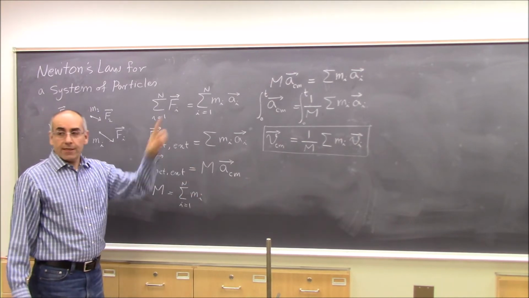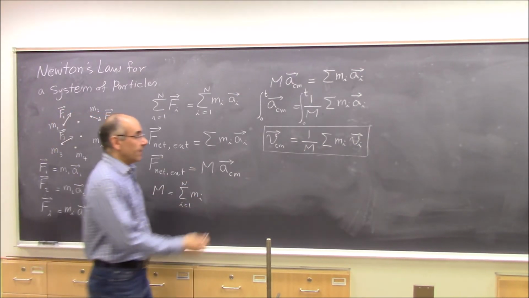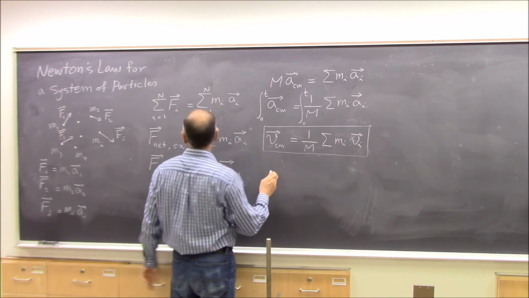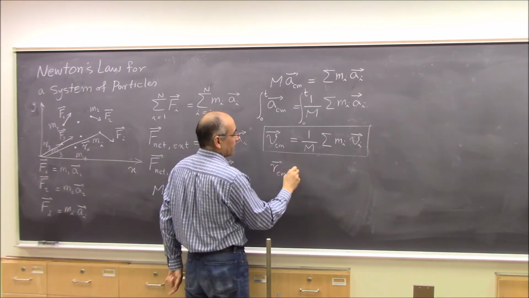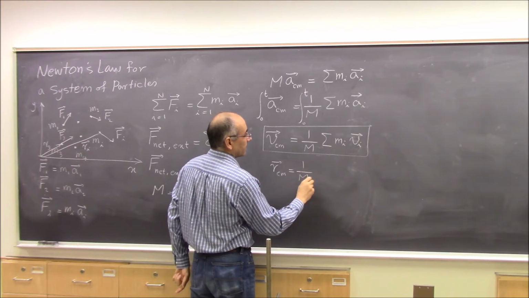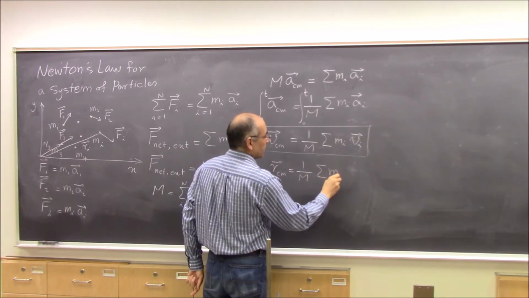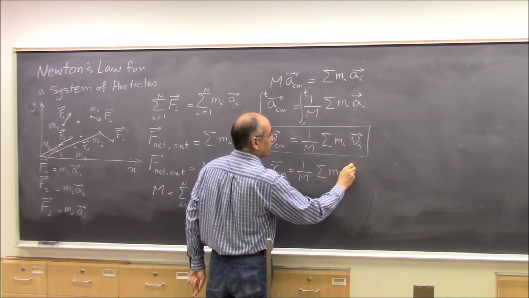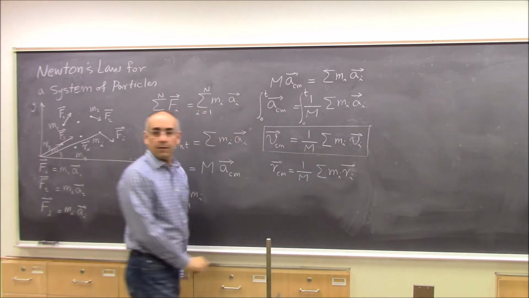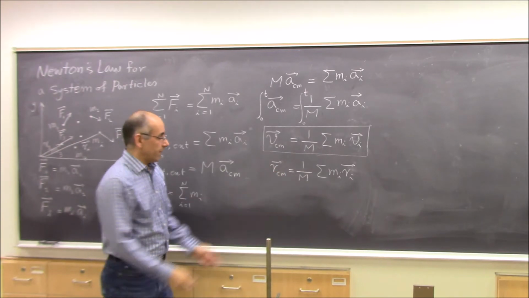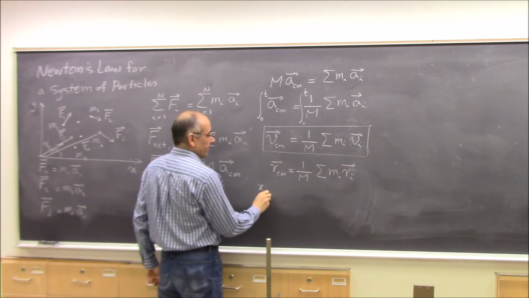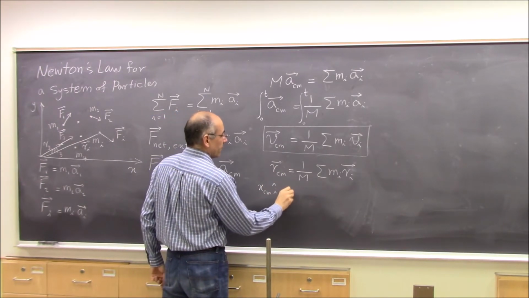And then if we take another antiderivative, we get the position of the center of mass in any coordinate system. R center of mass equals 1 over M sum of Mi Ri. And then R center of mass has two components. We have x of center of mass i hat plus y center of mass.